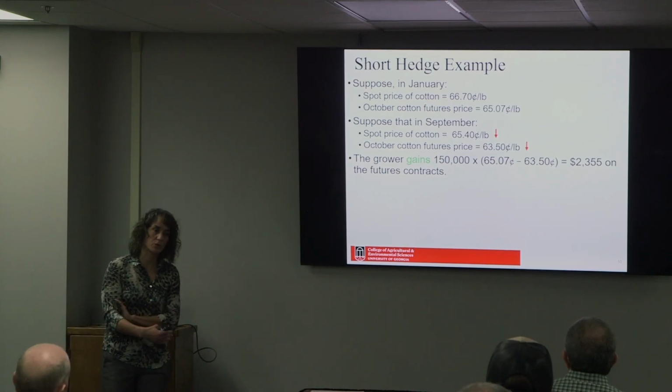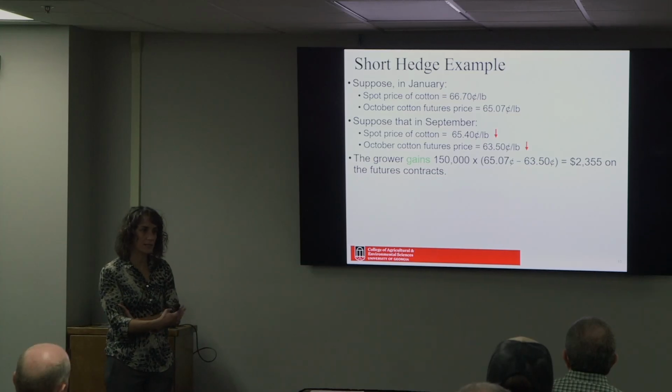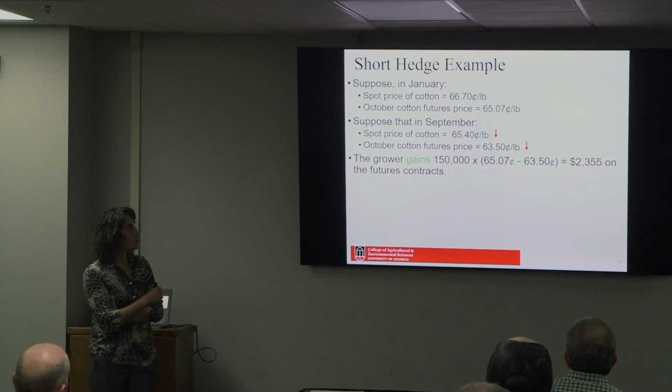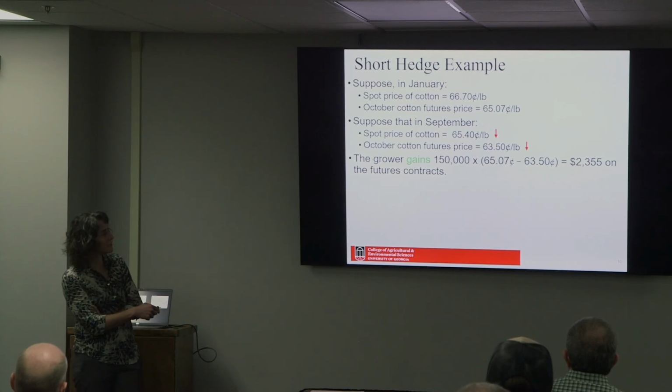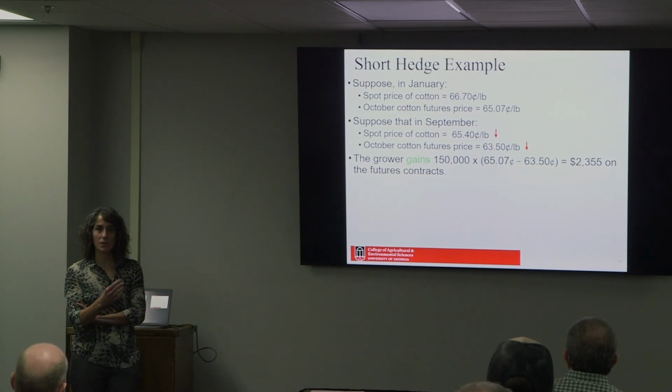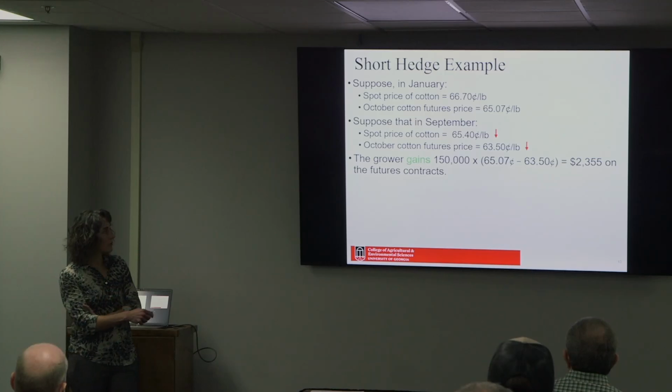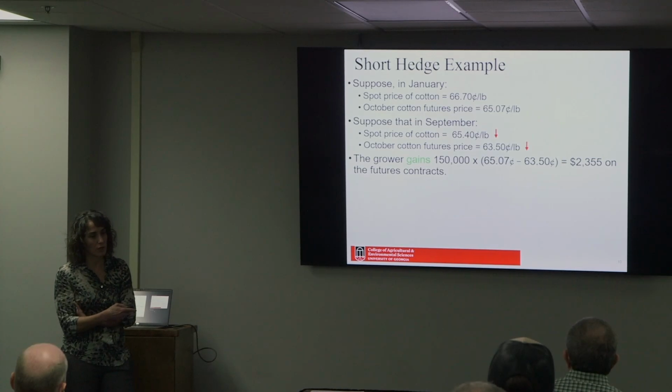That means they promised to sell the underlying cotton at that price, and they are closing out. That means they are promising to buy cotton at 63.50. So that's why there is a profit per pound. When we multiply it with the total number of pounds, we have about $2,400 gain on futures.